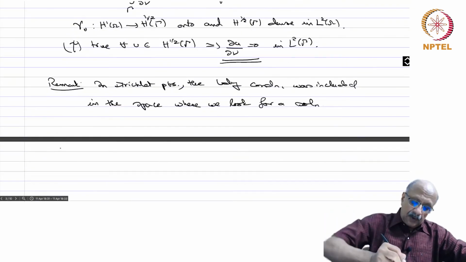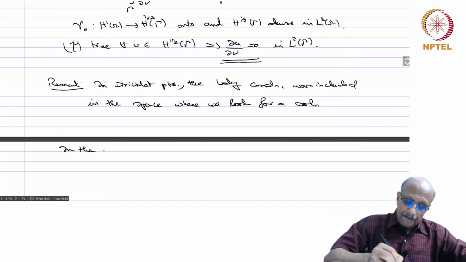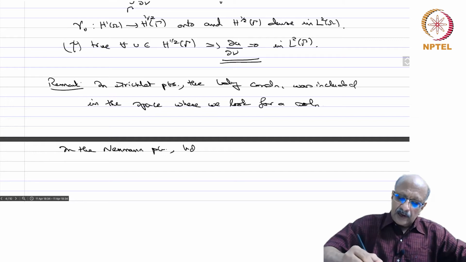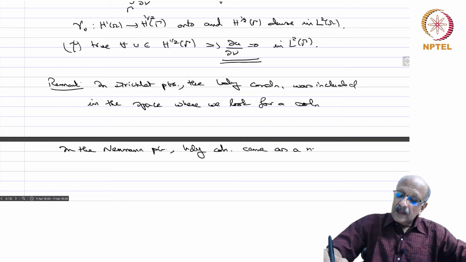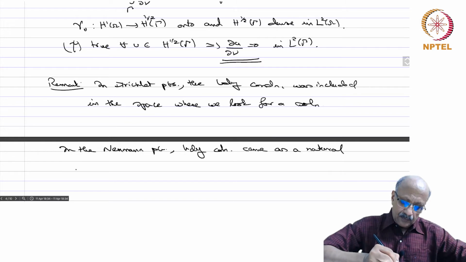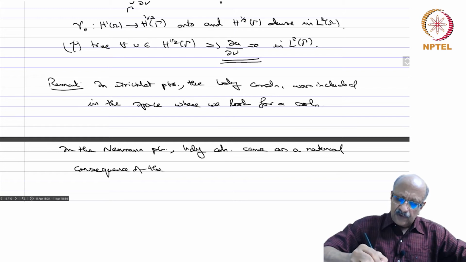In the Neumann problem, the boundary condition came as a natural consequence of the weak formulation.